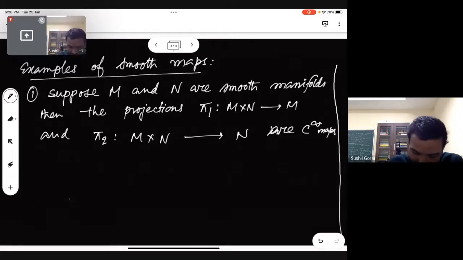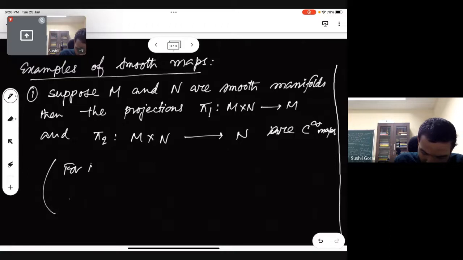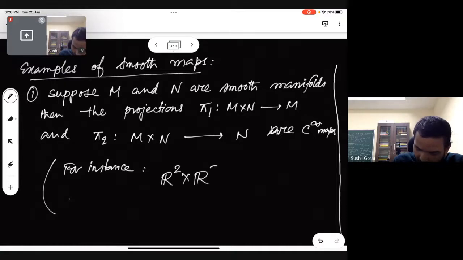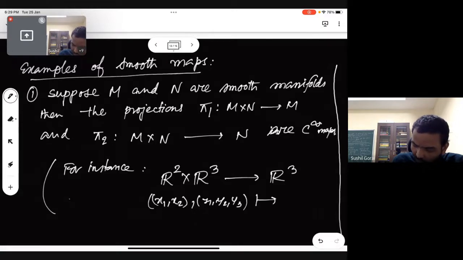For instance, R^2 cross R^3 to R^3, (x1, x2), comma (y1, y2, y3), to (y1, y2, y3), this is a smooth map.